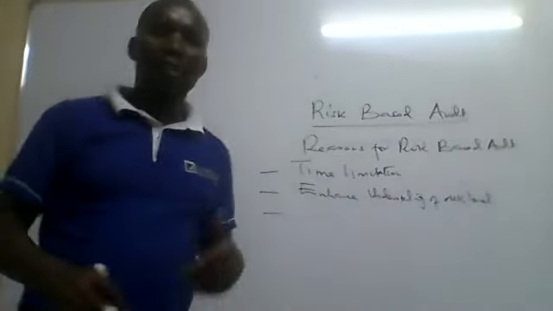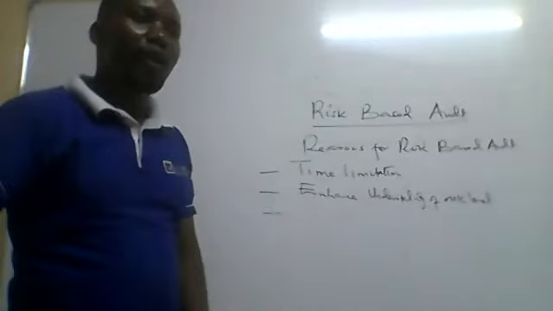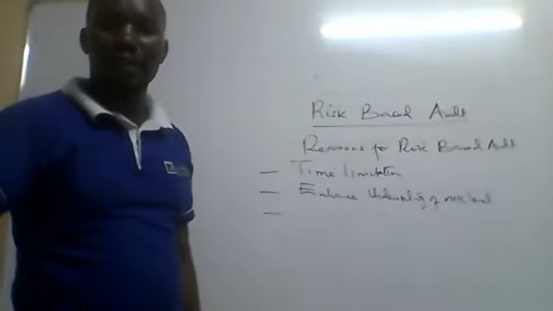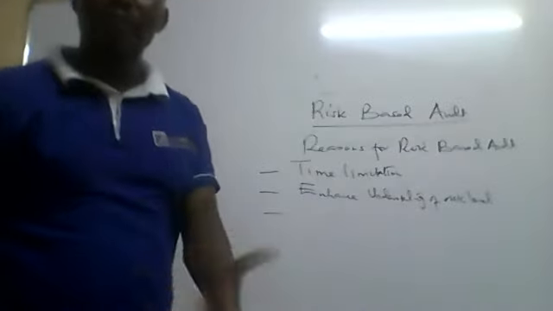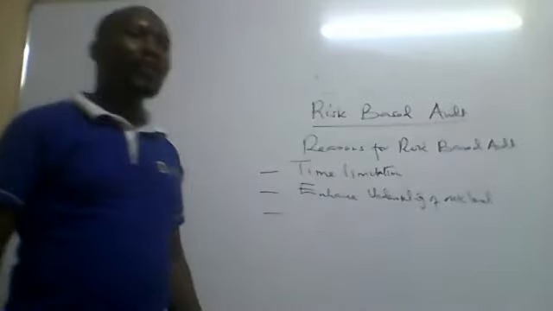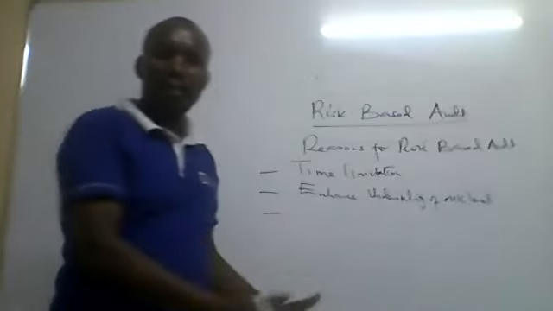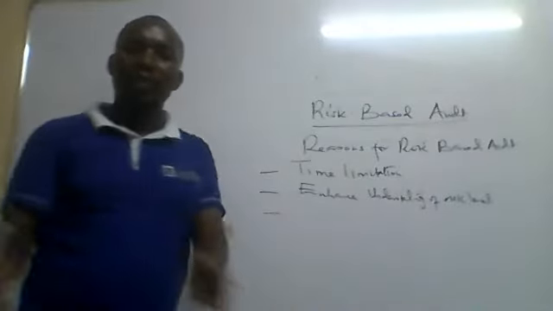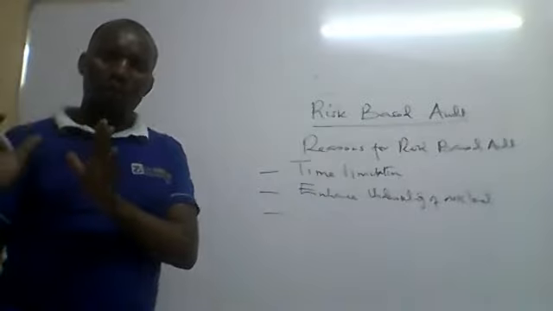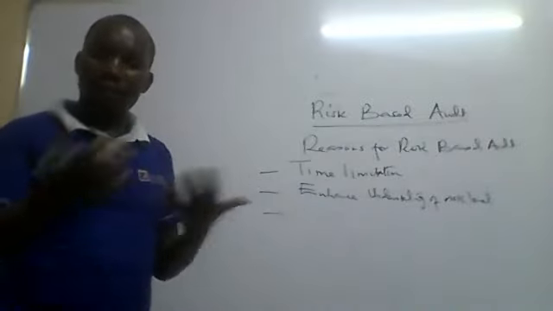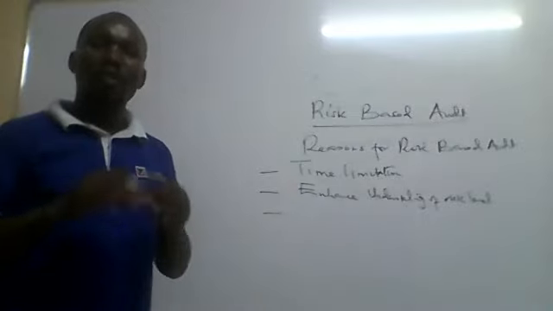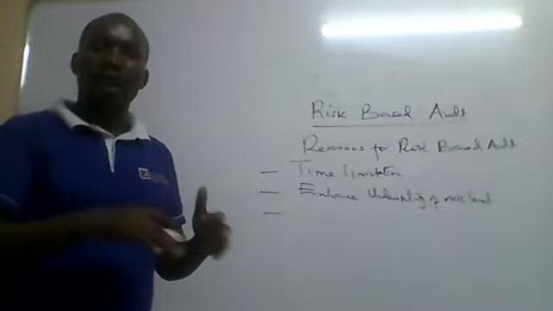What else do you think can make you do risk-based audit? Why do you want to focus on areas of high risk? To reduce the audit risk so that at least, si ati umesahau kuangalia compliance, umesahau kuangalia KRA portal, umesahau kuangalia payroll. No. You focus on areas that you think are of high risk so that when you're giving your report as an auditor, you are not exposed to what is called audit risk.